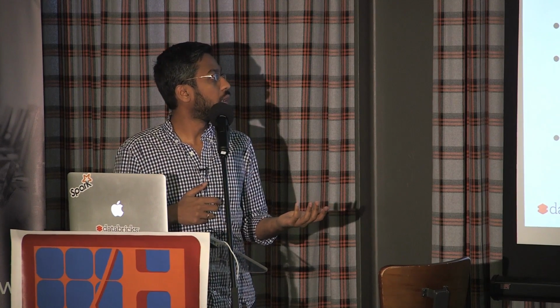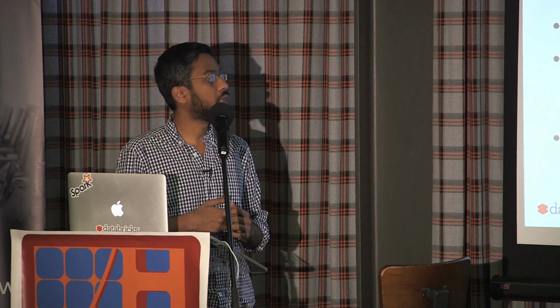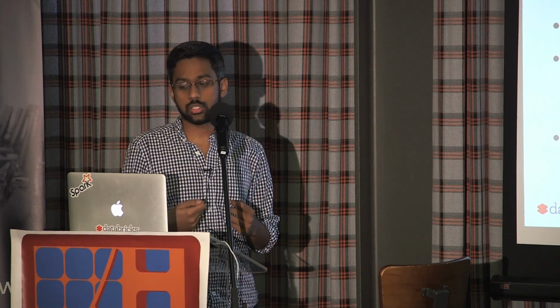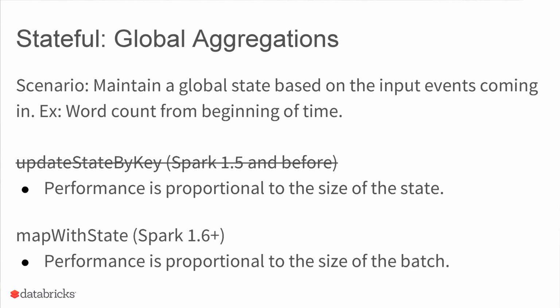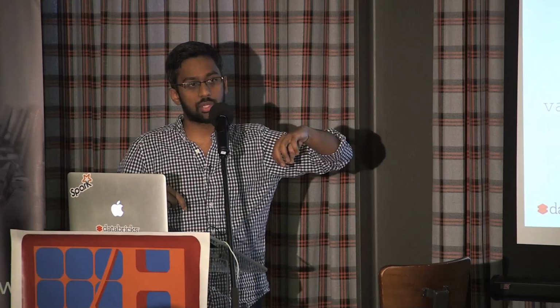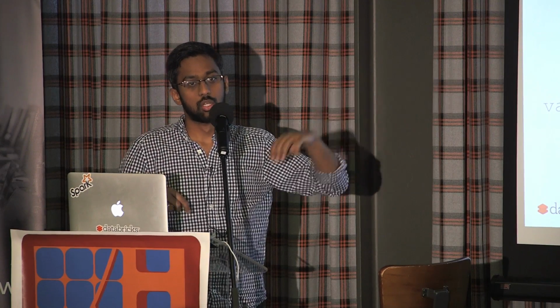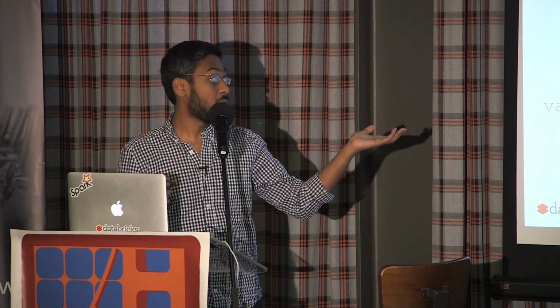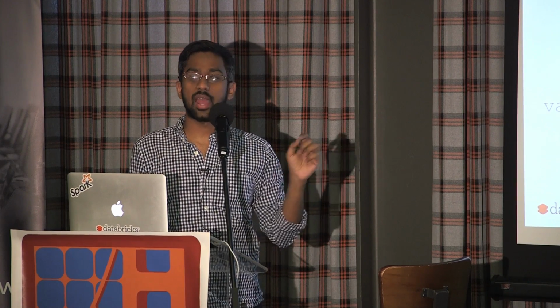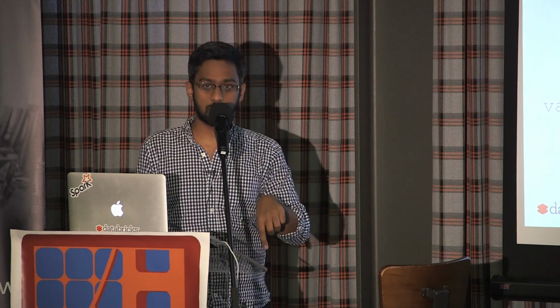The second optimization is basically doing incremental aggregations. Here, as new batches come in, you can just add them to the aggregation, and the old batches that are going out of the window, you can remove from the aggregation. This is possible only if your aggregation has an inverse reduce function.